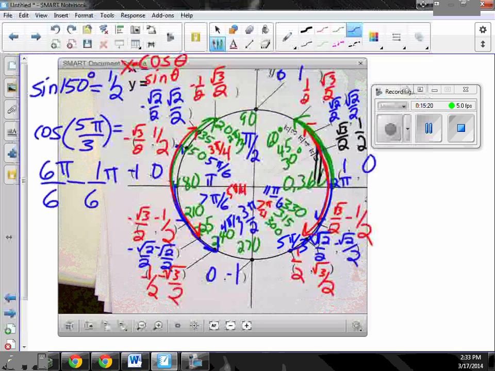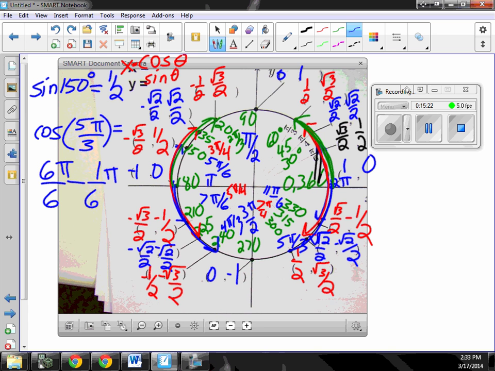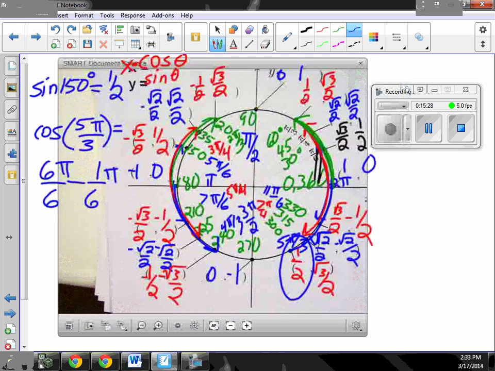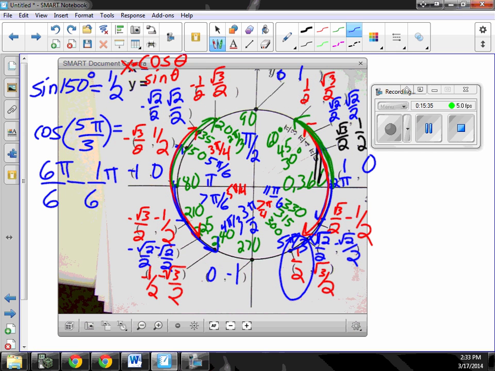So now the cosine of 5 pi over 3 is just the x value at that angle. Does that make sense? No? Did you get it all labeled? Okay, if you have it labeled, then you don't have to do any thinking.